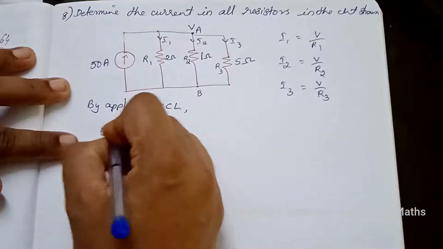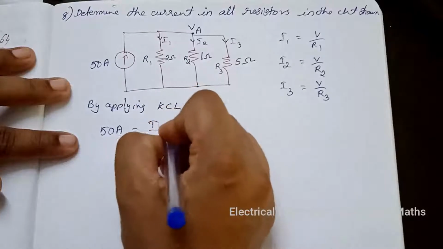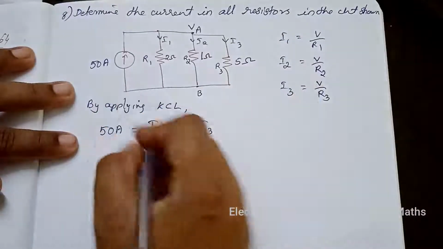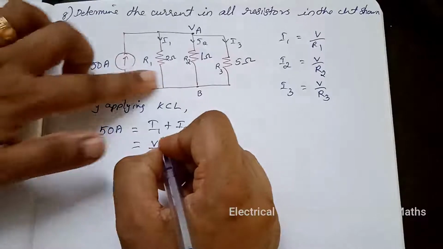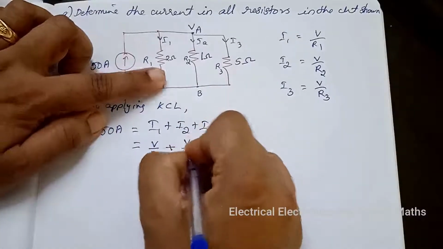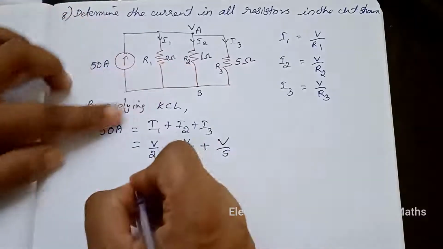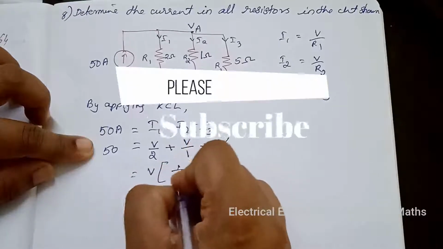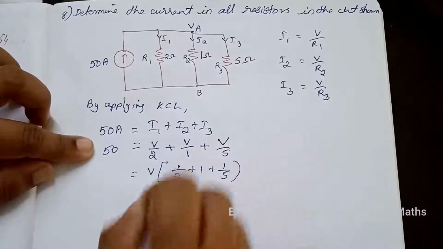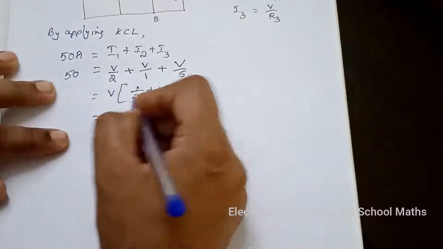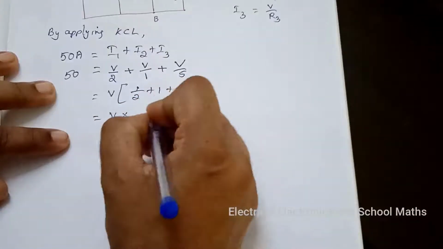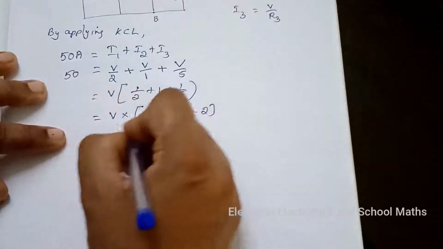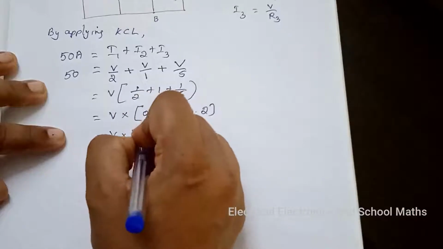So we can write 50 ampere equal to I1 plus I2 plus I3, and I1, I2, I3 are V by 2 plus V by 1 plus V by 5, equal to, taking V outside, V into 1 by 2 plus 1 plus 1 by 5, equal to V into 0.5 plus 1 plus 0.2, that is V into 1.7.